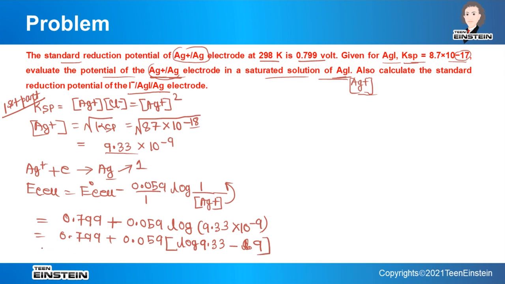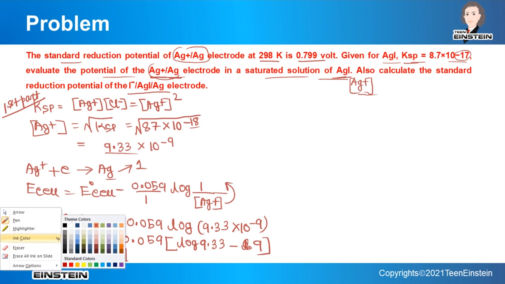After the full calculation you will see that the value we obtain is 0.325. So see, the standard reduction potential is almost 0.8, but when it is present in a saturated solution of AgI, it is reduced to 0.325. Okay, so this is the first part.